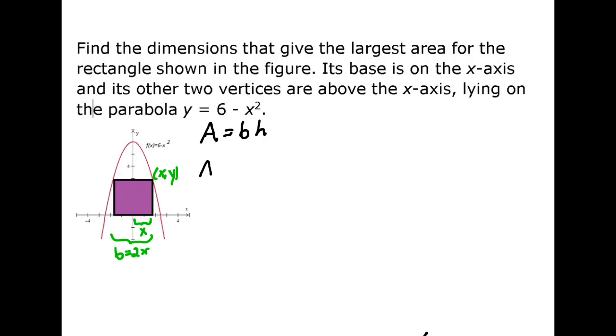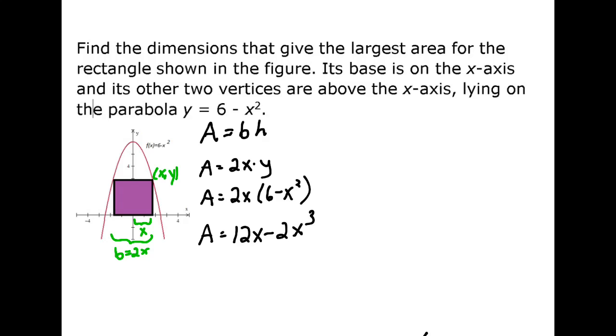So we can say the area is the base 2x times the height y, and the y depends on the x. So the y is the 6 minus x squared, depending on which x you use. So the area is 12x minus 2x cubed.